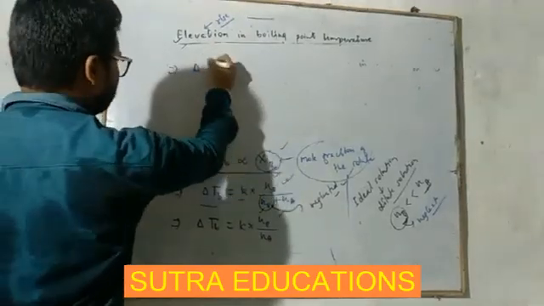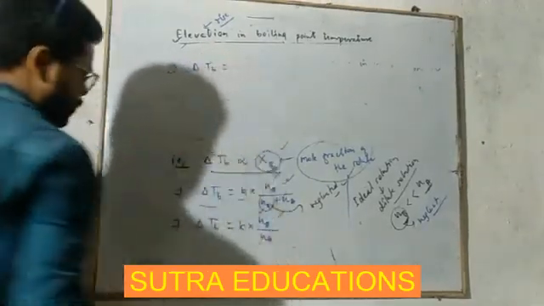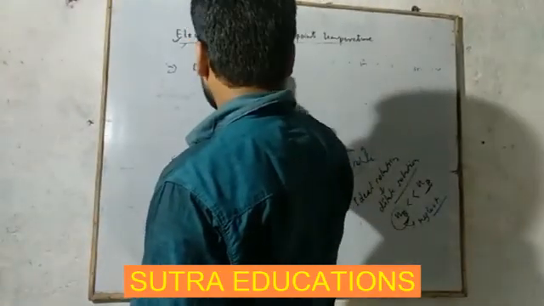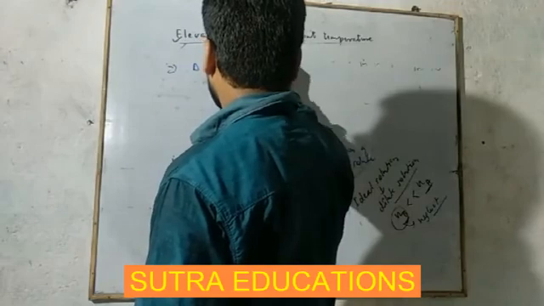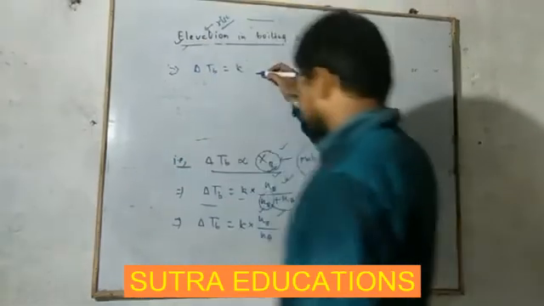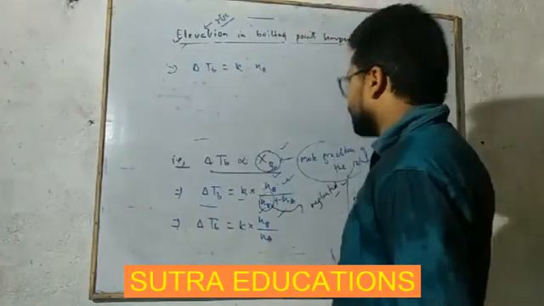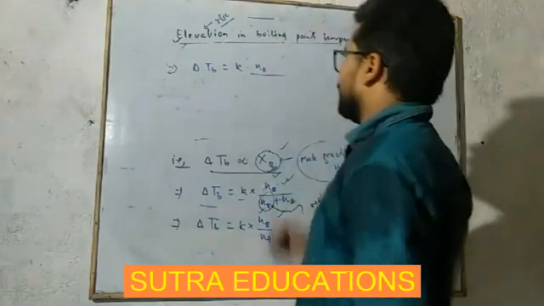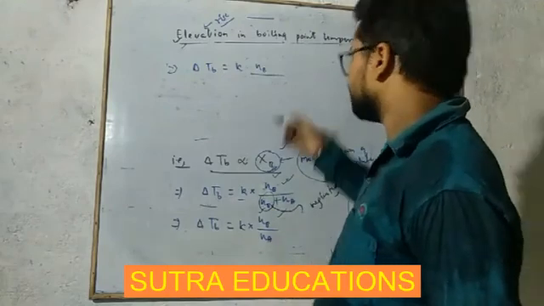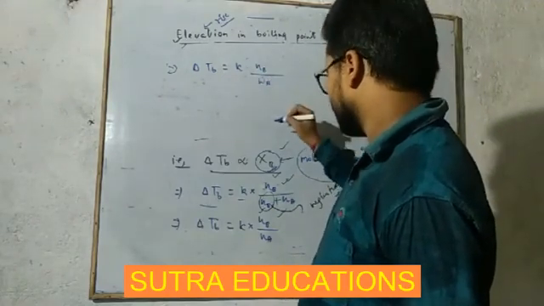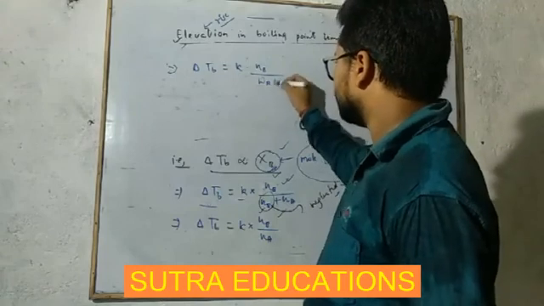Delta Tb equal to K into Nb upon Na. Na we can write as Wa upon Ma.